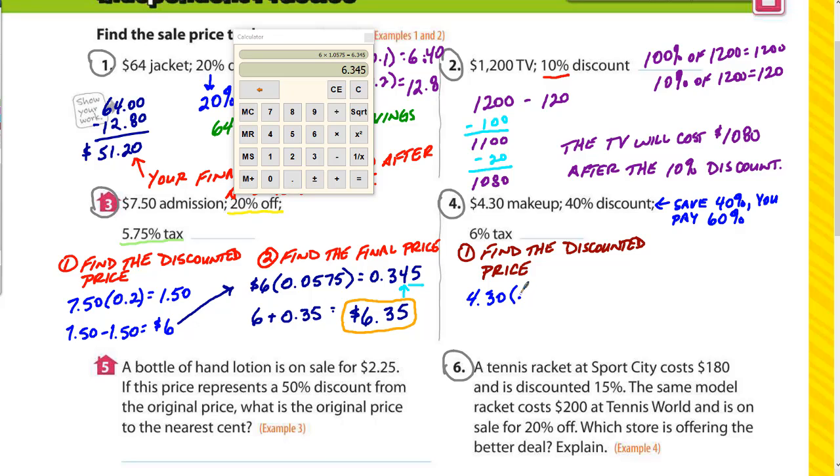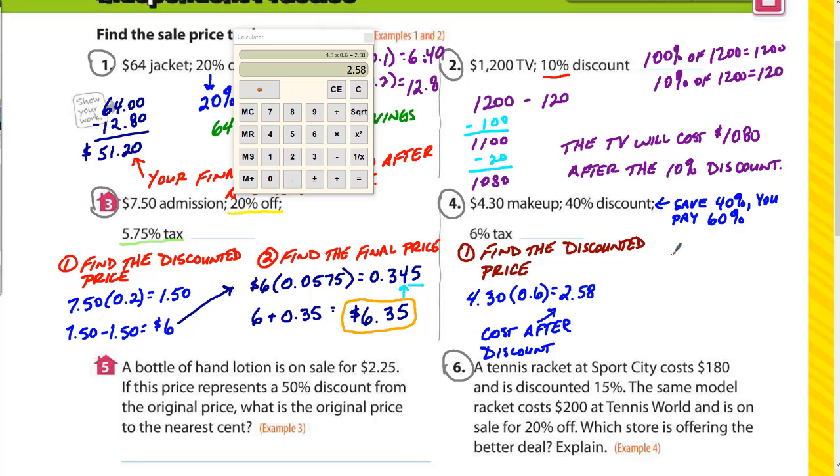So I'm going to multiply it by 0.6, by what I pay. $4.30 times 0.6 is $2.58. That's the cost after discount, but before the tax. I haven't paid the tax yet.